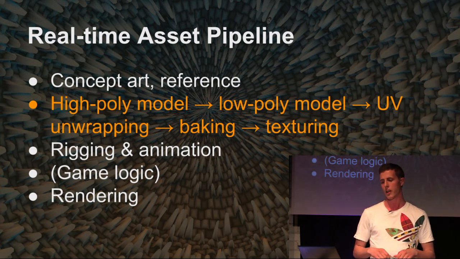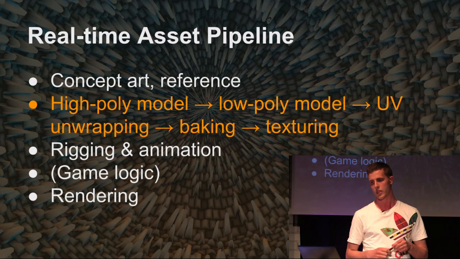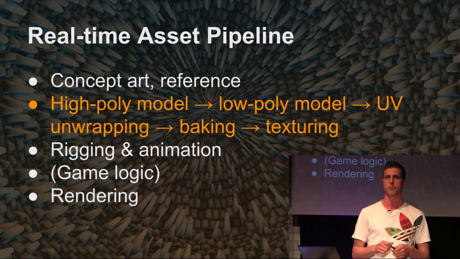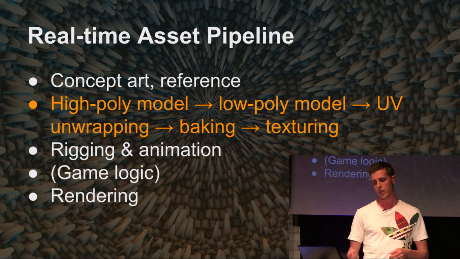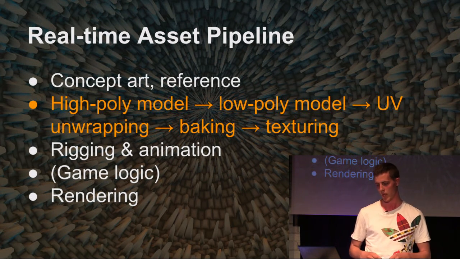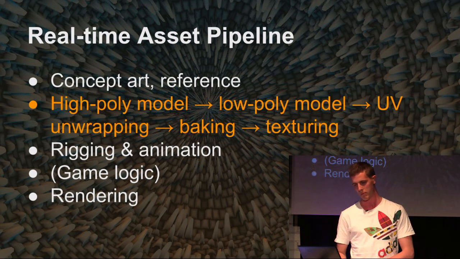And then there's rigging and animation that I won't be talking about today, but is also something that takes manpower and skills. And then there's game logic and rendering. Things that somebody has to figure out, which is usually not me.